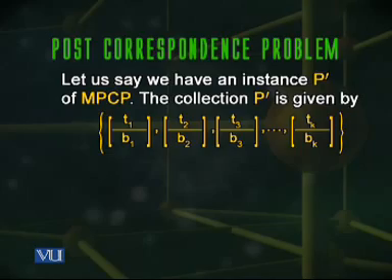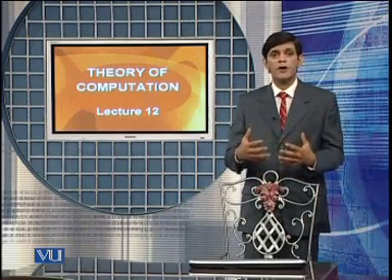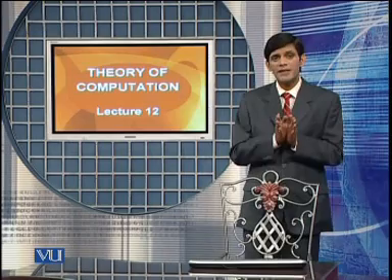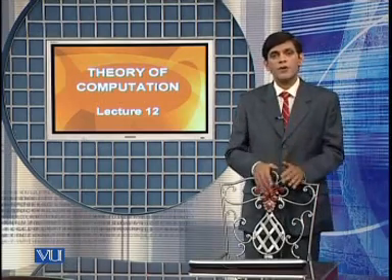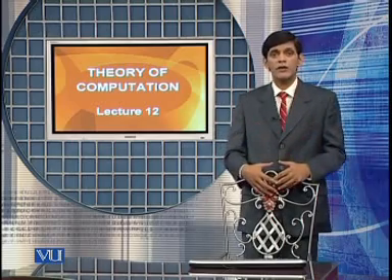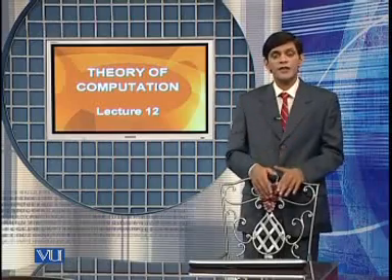So here each TI and BI is a string. Suppose we have this kind of a collection for the modified PCP problem. Notice that the modified PCP problem has a restriction. You must start your match with the first domino. Well, we can now study this new collection for the original PCP problem which has no restrictions.